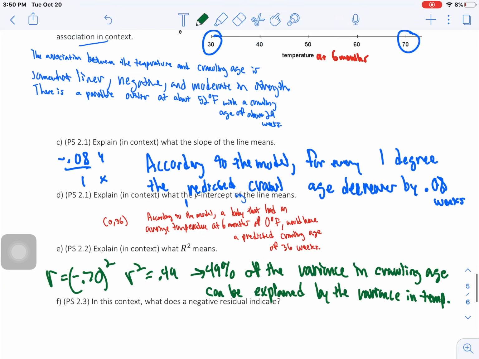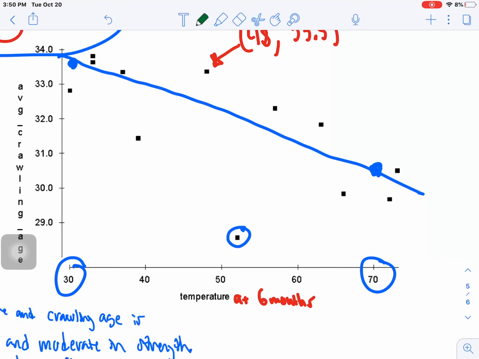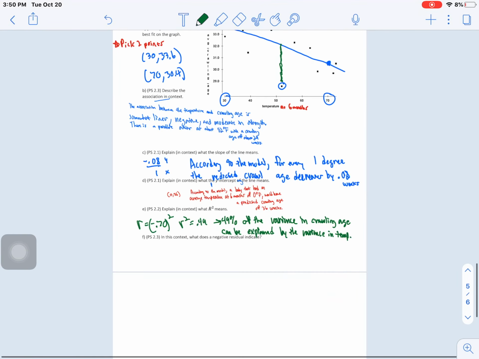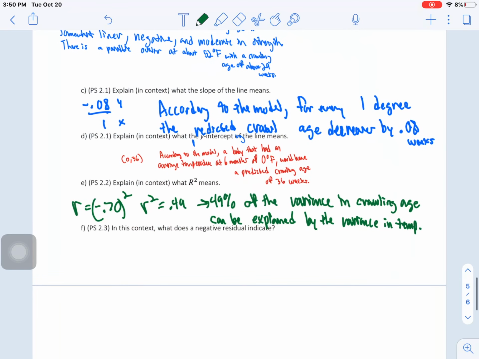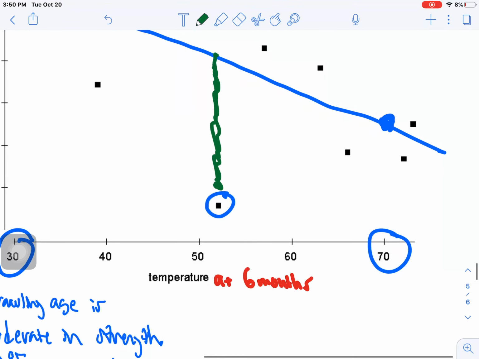And then for letter F, in context, what does a negative residual mean? So I'm just going to draw a negative residual. Remember, a negative residual is when there's a point that's actually below the regression model. So what does that mean? Well, in this case, it would mean that the actual y value is lower than what the model estimated.